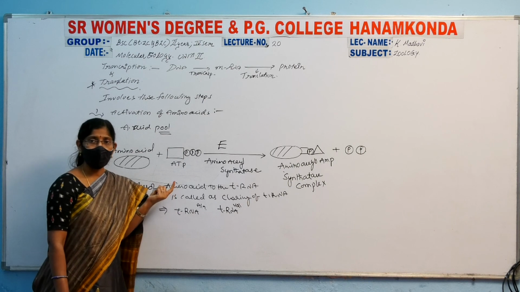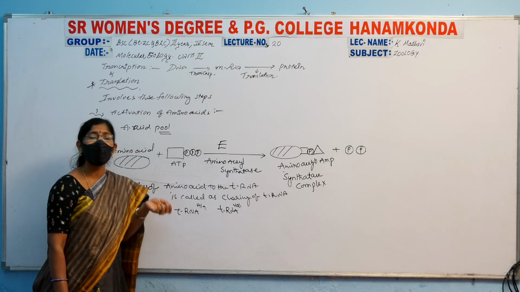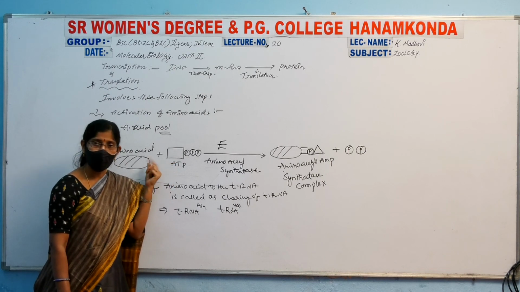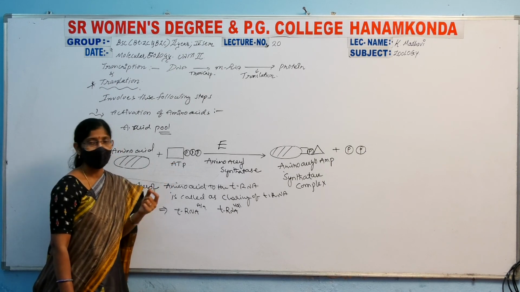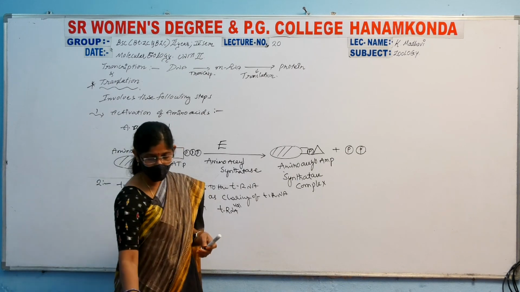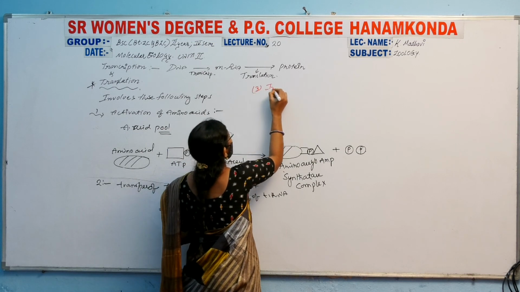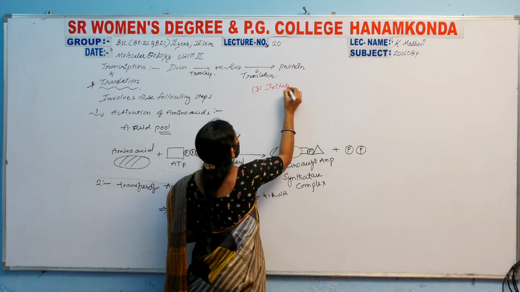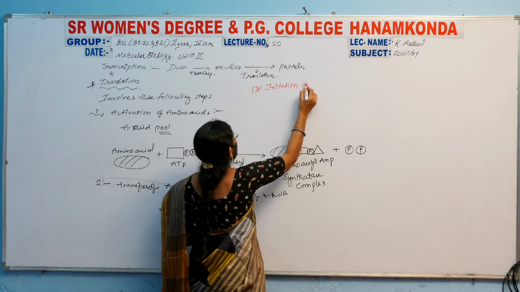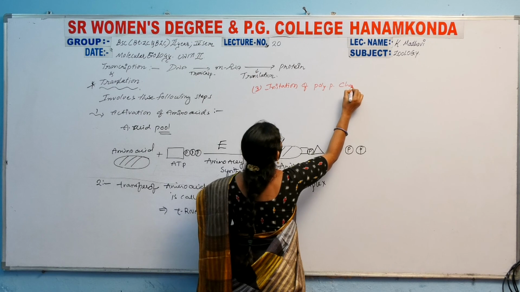The participating elements are ATP, GTP, and some other essential enzymes and factors. The third step is initiation of the polypeptide chain.